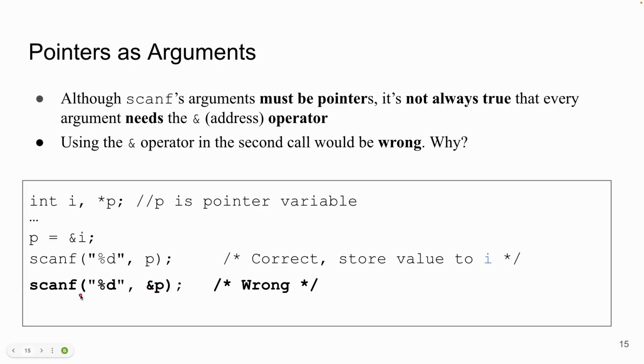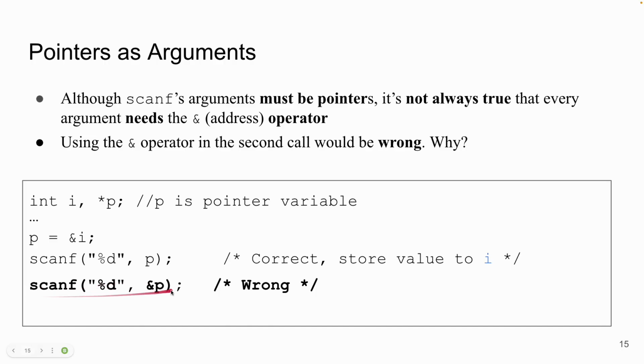If we write something like this, if we use p and we add the address operator again, this line will produce a compilation error. And now you know why. Because here, p is already a pointer variable. We don't need to get the address of the pointer variable again for scanf.